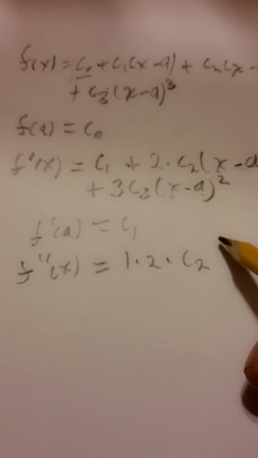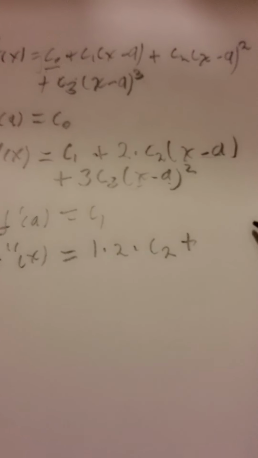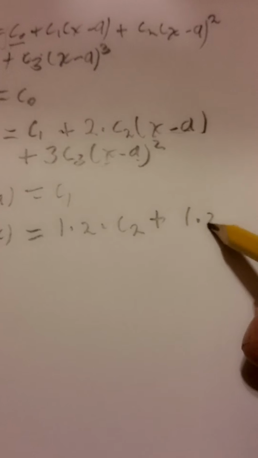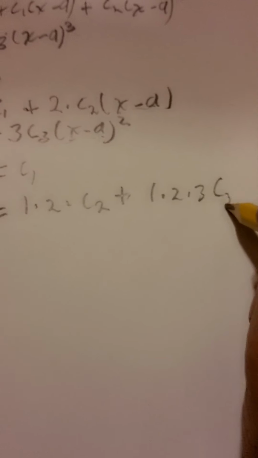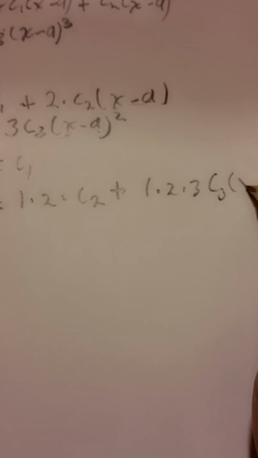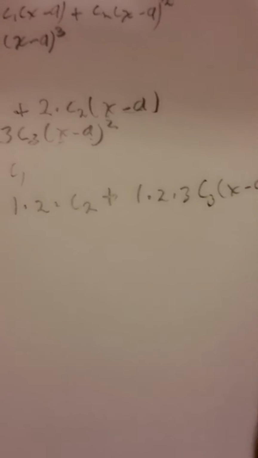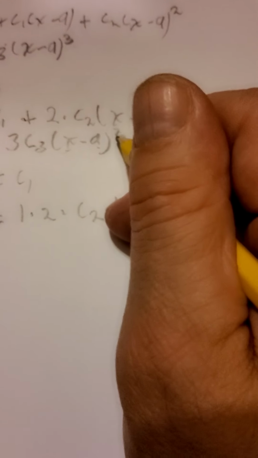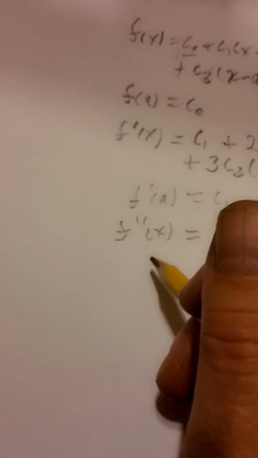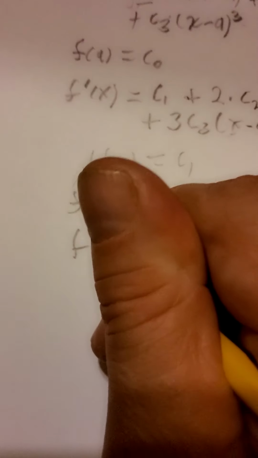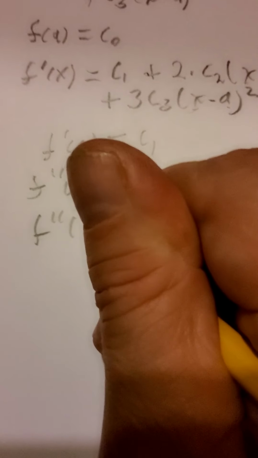And that would give me, plus I would have a 1 times 2 times 3, really 2 times 3, using the chain rule, times c3 times the quantity x minus a. Taking the derivative diminishes this exponent by 1, okay? And so on. So here I would have f double prime of a.